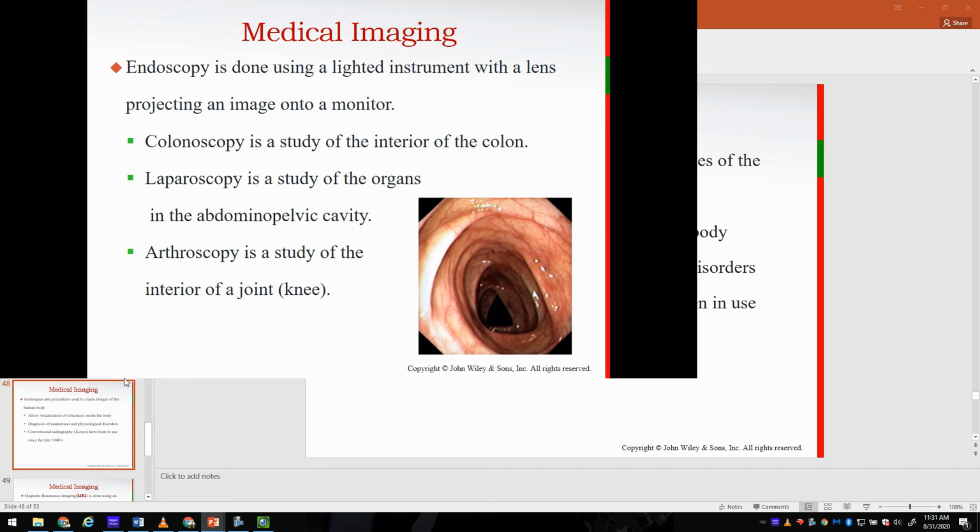A laparoscopy is a study of the organs in the abdominopelvic cavity, where they can go in and check other organs inside the abdomen. Arthroscopy is a study of the interior of a joint, especially in the knee. So if you've ever had arthroscopic surgery, that is how they do that. On mine, they made 2 small incisions.